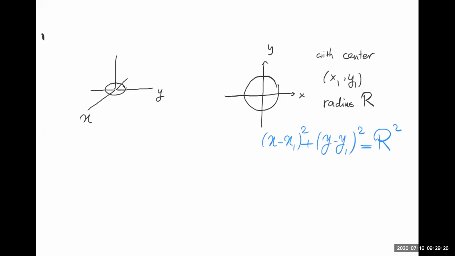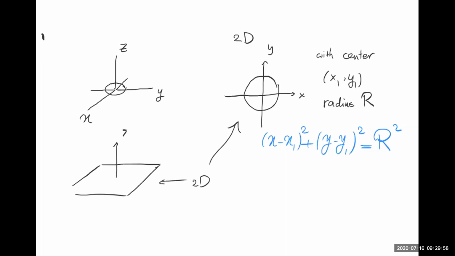Now three-dimensional space contains a two-dimensional space inside it, and that's this xy plane we have here. We can think about the two-dimensional space on the right side as the plane inside three-dimensional space. I can just put that two-dimensional space there, and then there is the axis.